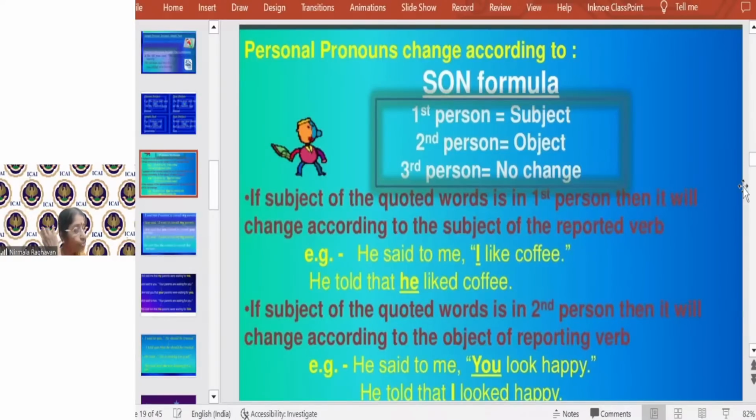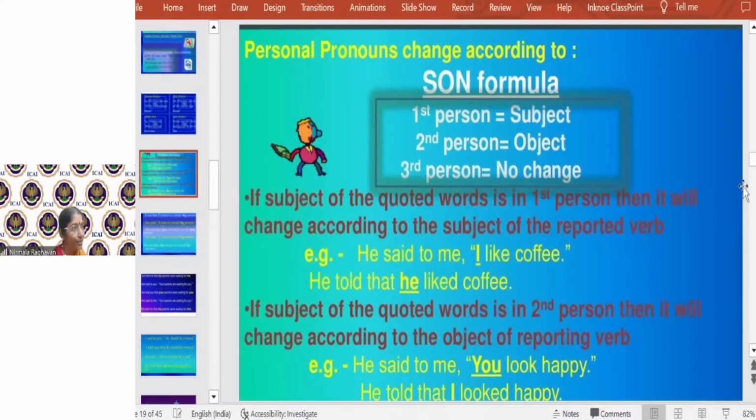"Will" didn't change to "would" because it's in the future tense. Okay. Now, look at these examples. If the subject of the quoted words is in first person, then it will change according to the subject of the reported verb. Now, I don't want to give you a break because the flow will go. So I will leave you 5 minutes earlier.